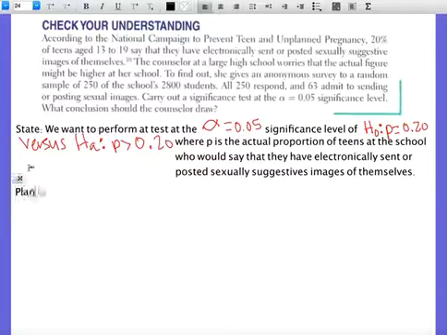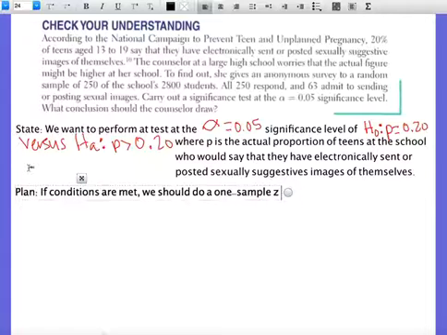All right, next we plan. So we say if conditions are met, we should do a one sample Z test for the population p. First, we want to see if it's random.